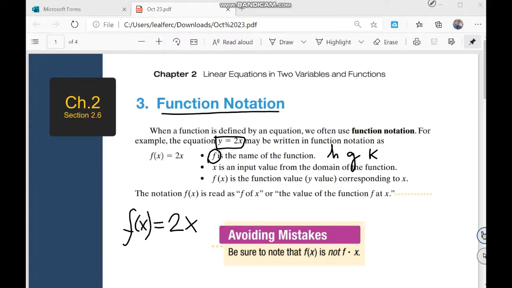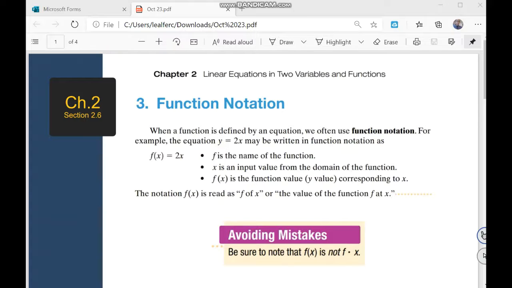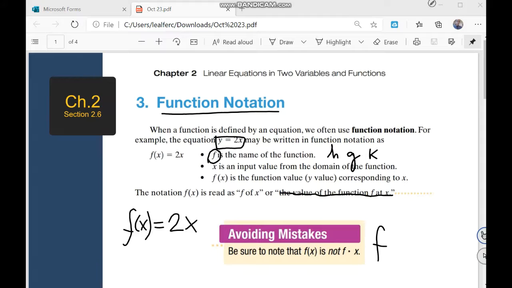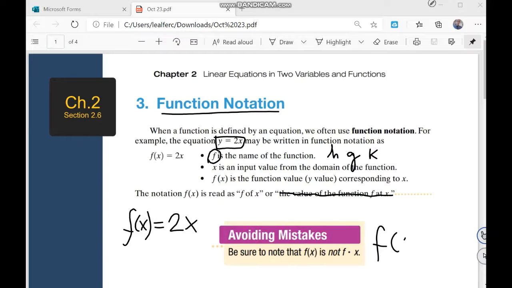The notation f with x between parentheses is read as f of x or function of x. And avoid a few mistakes. At the beginning, you might make this mistake: to think that this is a multiplication.